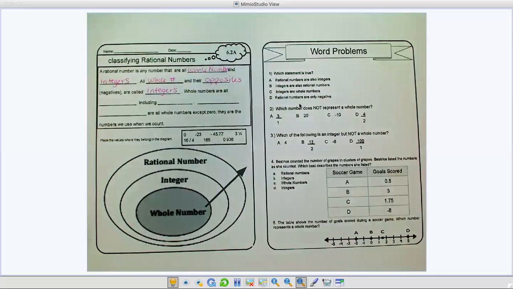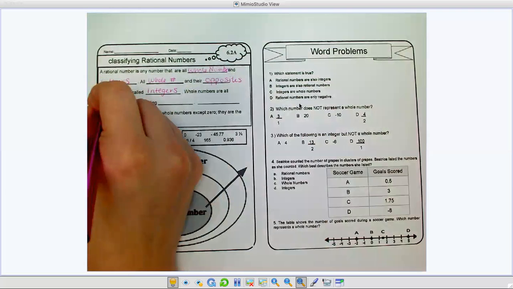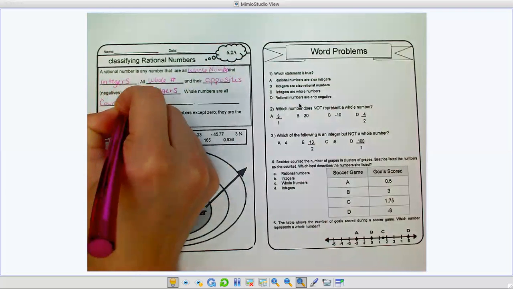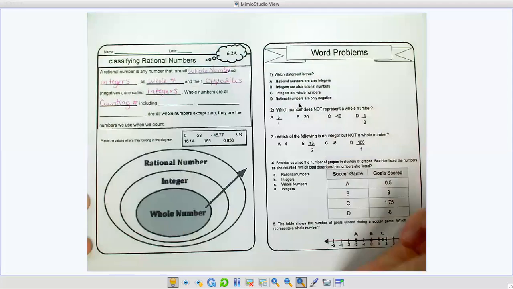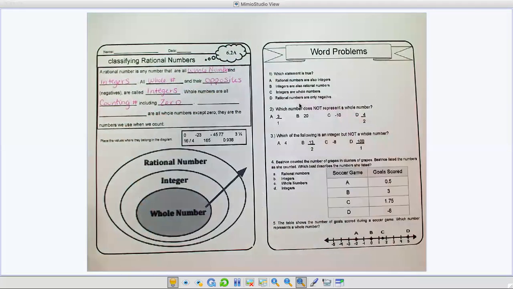Okay, from there we have whole numbers, which are all counting numbers, including 0. Okay, so whole numbers do actually include 0.